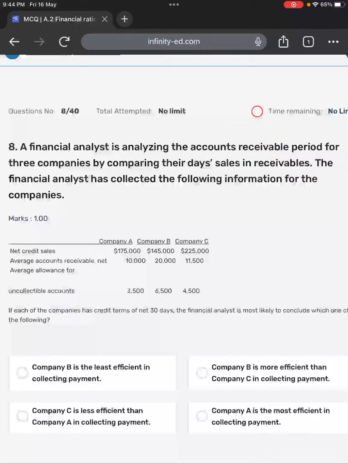B is correct, because if we calculate, 145,000 divided by 20,000 equals 7.25, and 360 divided by 7.25 comes to 49 days. So it is not within 30 days. That's why B is the least efficient.